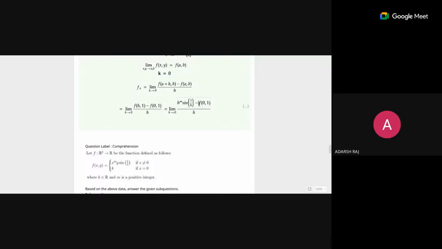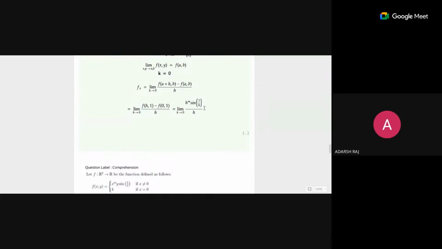And this value is 0, right? So we can write like this. Now we have to find the limit of this function. Basically, we want to find the minimum value of m such that the limit of this function exists, right?